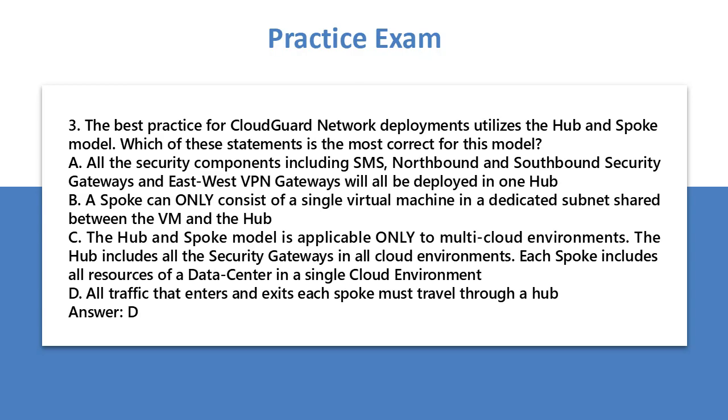C. The hub and spoke model is applicable only to multi-cloud environments. The hub includes all the security gateways in all cloud environments. Each spoke includes all resources of a data center in a single cloud environment. D. All traffic that enters and exits each spoke must travel through a hub. Answer: D.